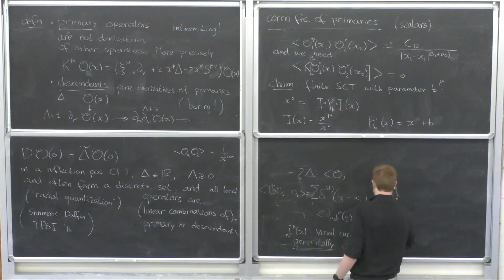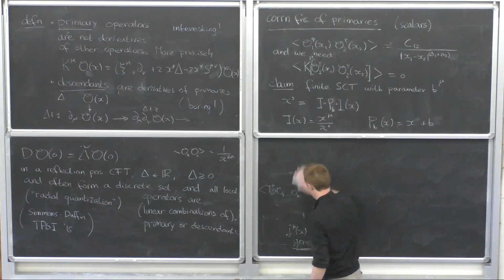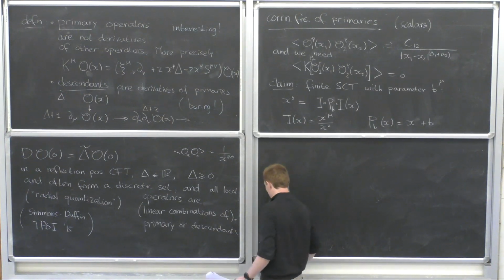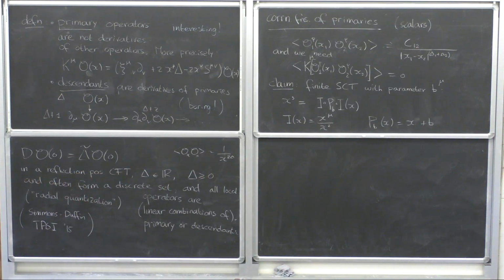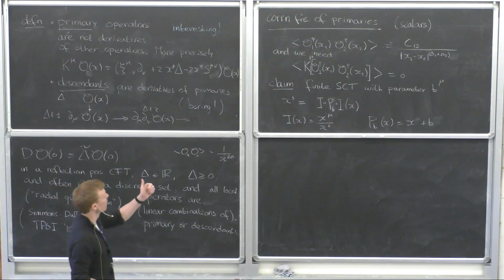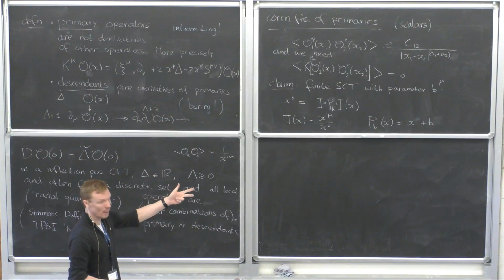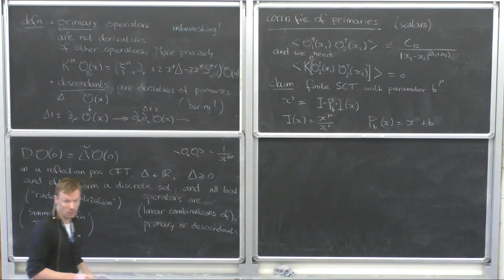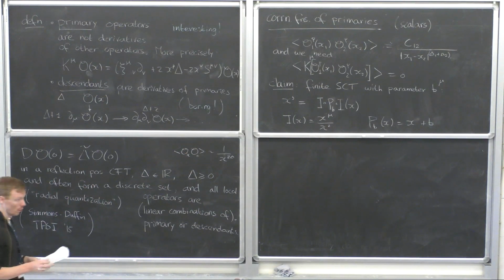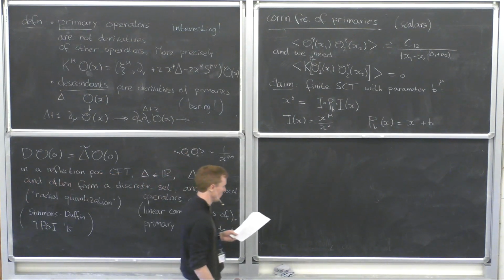Because we can just say, well, let's just restrict ourselves to inversions. The translations will work. So let's check that everything works under inversions. If it works under translations, rotations, scaling, and inversions, then I get special conformal transformations. So in practice, that's a good way to check.